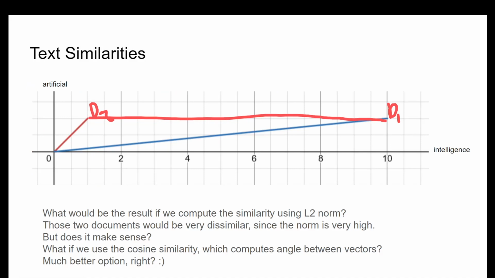Then what if we use cosine similarity, which computes the angle between vectors? This is what we focus on when computing cosine similarity. It does get affected by the occurrences of the terms, but not so much. It is a much better option compared to the L2 norm.